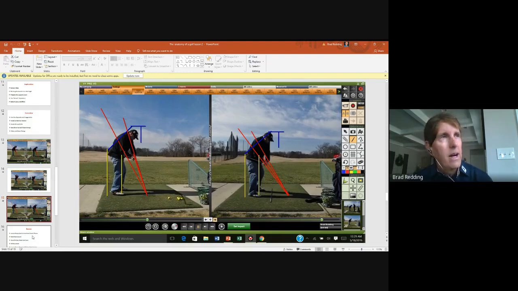So I think that some information for some golfers is good, and the same information for other golfers is bad. There's no question. The proper impact in golf is definitely ball and ground. I agree 100%, but not for everyone, because the guy on the left is already too far in front of the golf ball. He's going to hit a lot of top shots.